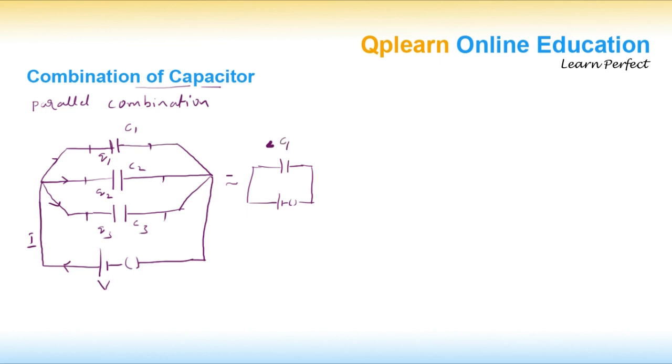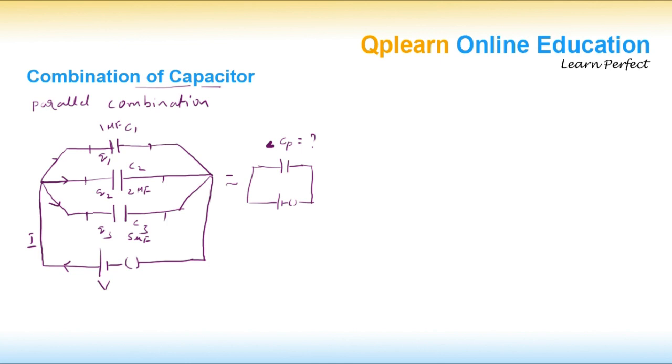So Cp is equal to question mark, where Cp means the single equivalent capacitor. How much should the equivalent capacitor be instead of these three? For example, here there is a 1 microfarad capacitor, here 2 microfarad, and here 5 microfarad. Instead of all three, I want to use one single capacitor equal to them. What is its value?